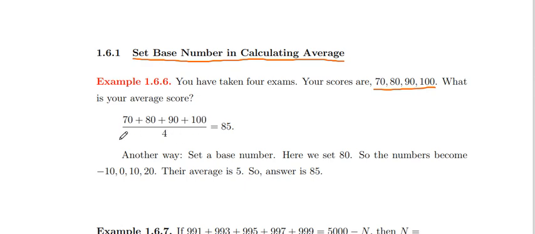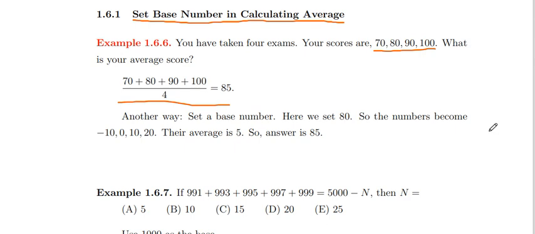We can do those calculations, right? But here those numbers are too big, so we can set the numbers smaller. At first we just set 80 as 0. If we set 80 as 0, then these 4 numbers become 0, 10, 20, and -10, right?